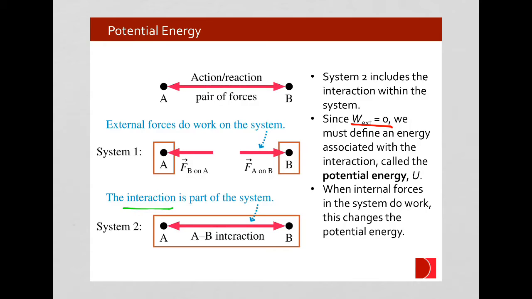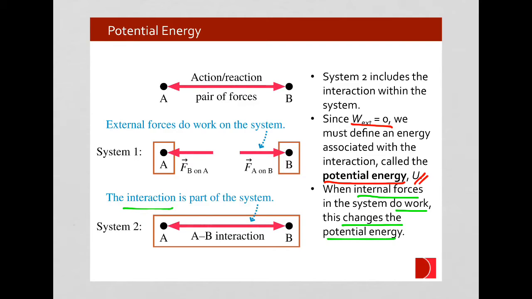What we're going to do then is to define this interaction and the work done by this interaction not as an external work that changes the kinetic energy, but rather as a potential energy, which we label as a capital U. When the internal forces of the system do work, that's when we have changes to the potential energy of the system.